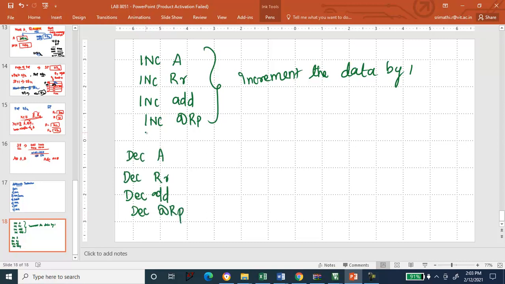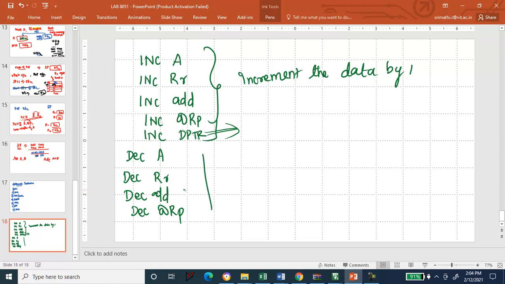And one more instruction we have is increment DPTR. This is the DPTR register, a 16-bit register. It is going to point to external memory. Whatever data this memory is pointing to, that data you need to increment by 1. That is the meaning. Okay.